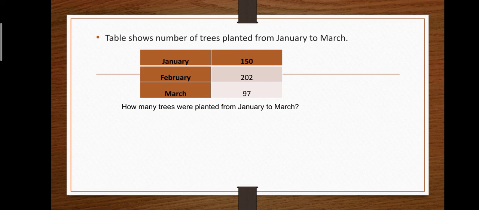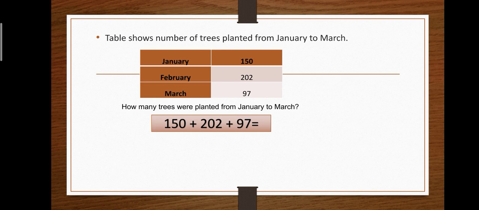These are the information. So the question: how many trees were planted from January to March? You have to find the number of trees altogether, the total again. So it is again plus. You have to add all the trees planted, then you will get the total number.